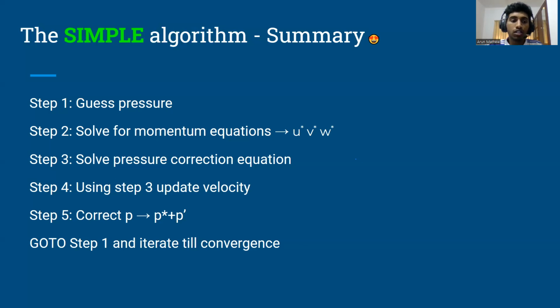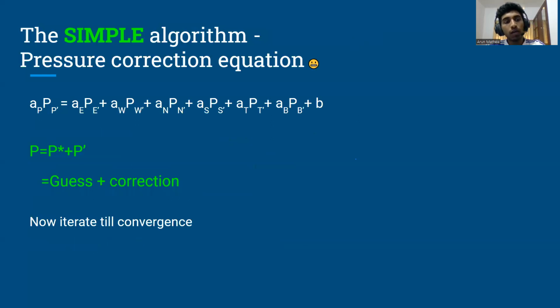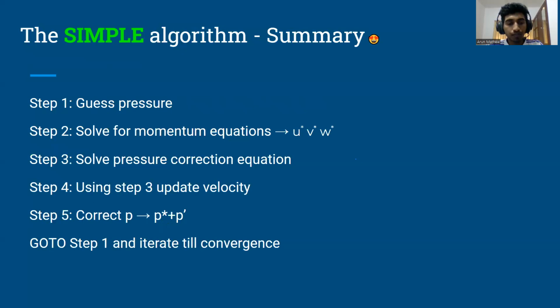In step 5, we correct the pressure value to be the guessed value plus the correction needed. Now this P will be our new P, which will be used in step 1, and we will iterate this till convergence.